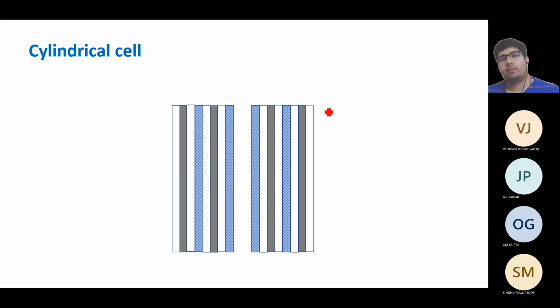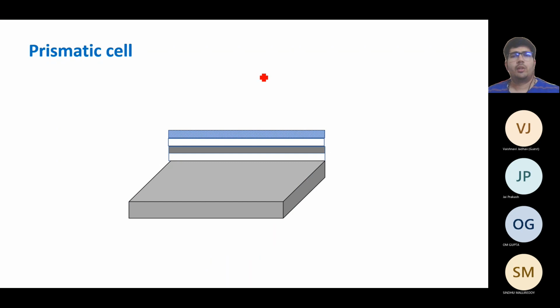In the cylindrical cell, here also we have anode, cathode and separator. This is the basic structure. In the prismatic cell, you can see the cross section; we also have anode, cathode and separator. It's very popular in cell phones.